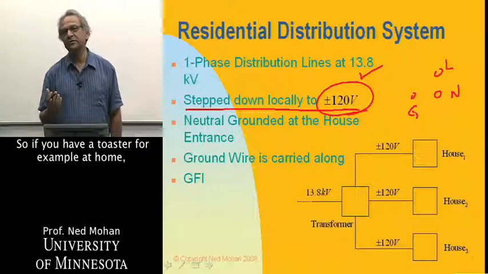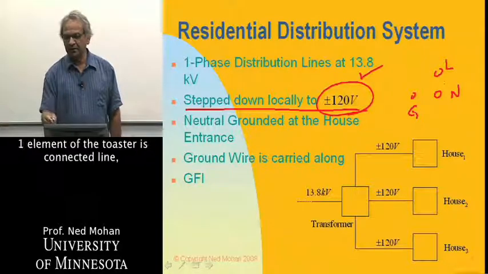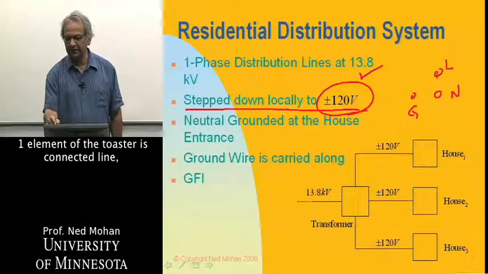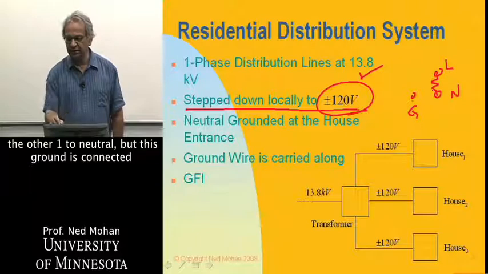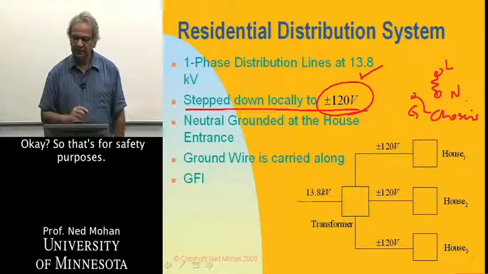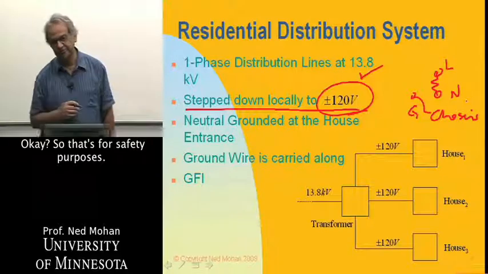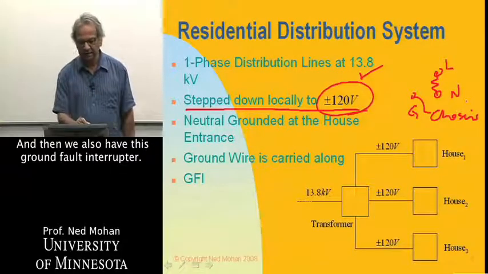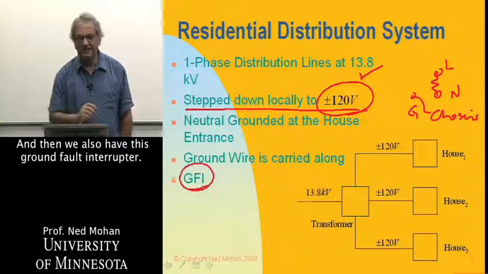So if you have a toaster, for example, at home, one element of the toaster is connected to line, the other one to neutral, but this ground is connected to the chassis. Okay? So that's for safety purposes. And then we also have this ground fault interrupter.